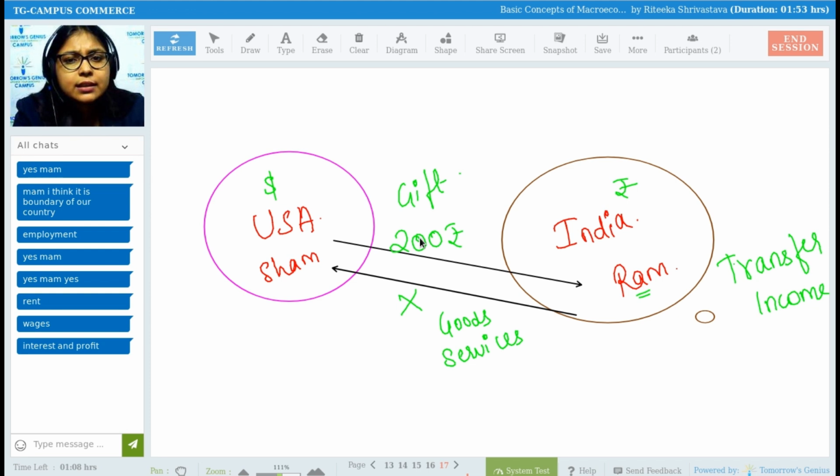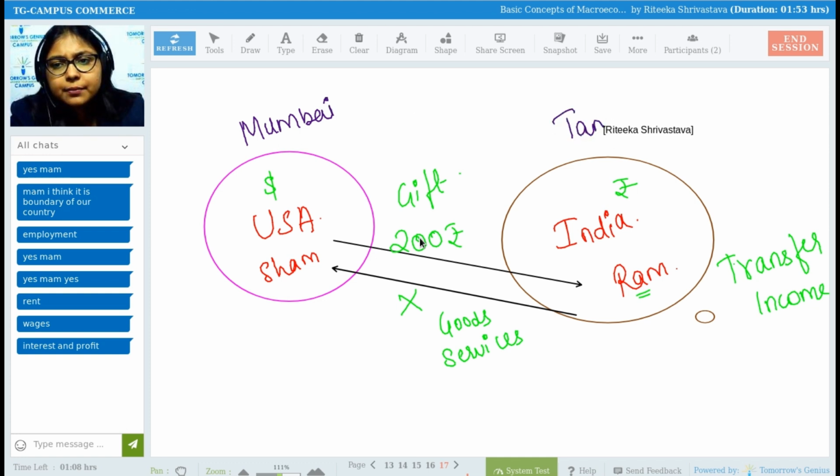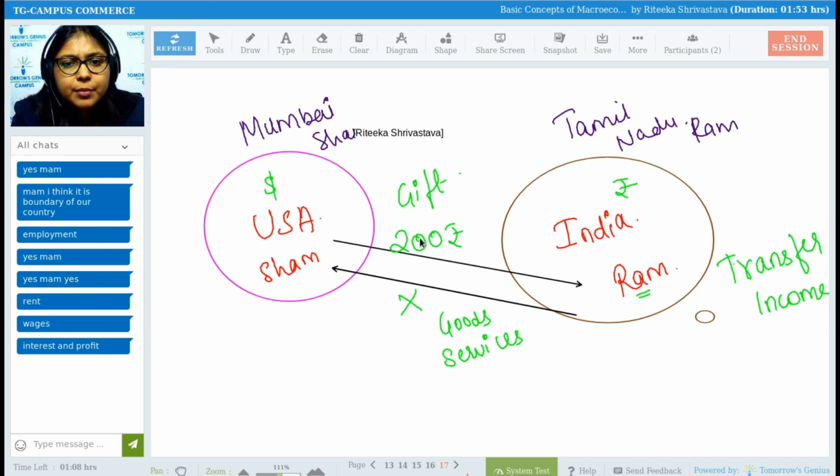Same country means what? Say suppose, take the same example, this is Mumbai and this is Tamil Nadu. Now here Ram is there, here also Sham is there. Ram is transferring 500 rupees to Sham.